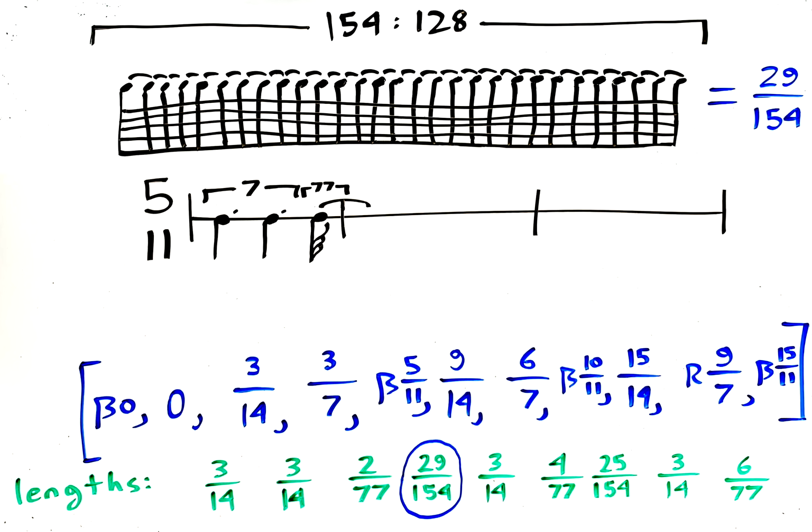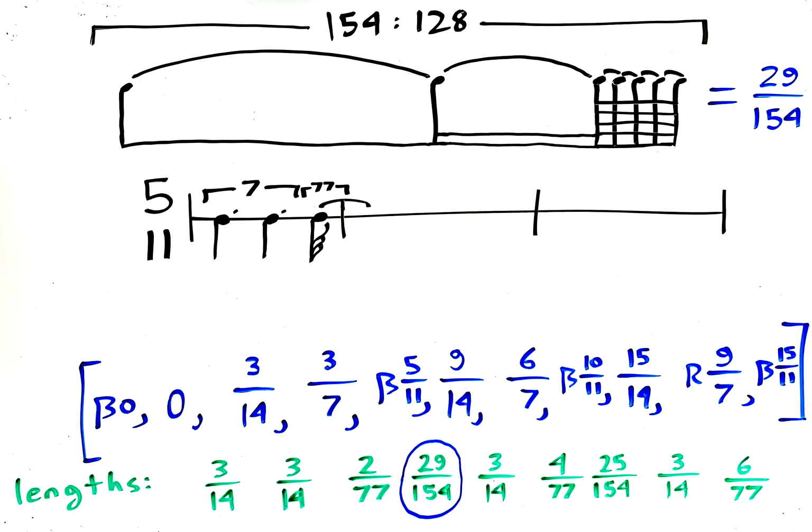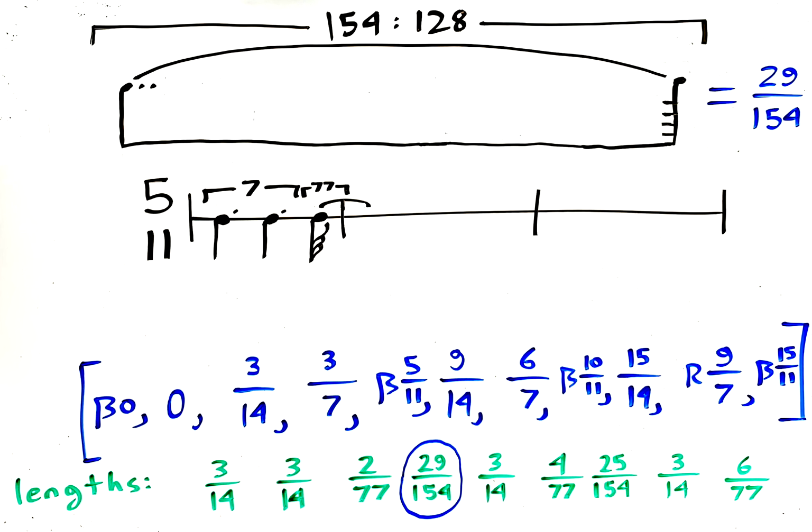Since we might not want to do this, we can combine the first 16 of them into an 8th note. We can combine the next 8 of them into a 16th note. And we can combine the next 4 of them into a 32nd note. Plus, we can combine the 8th note, 16th note, and 32nd note into a double-dotted 8th note.